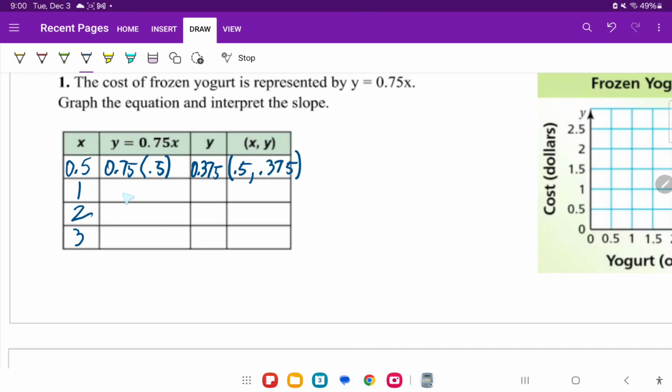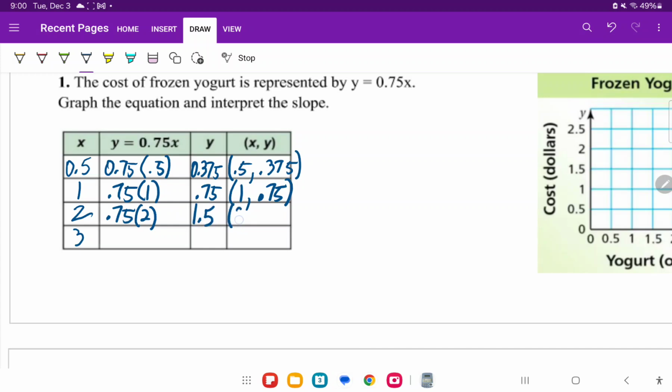So the next one is 0.75 times 1, which is just 0.75. So that data point is 1, comma, 0.75. Then if we put in 2, 0.75 times 2 gives you 1.5.